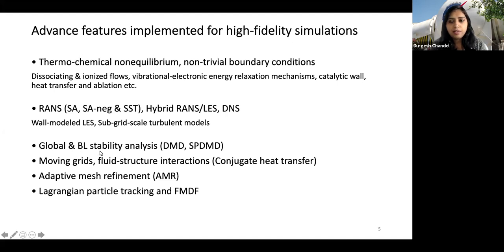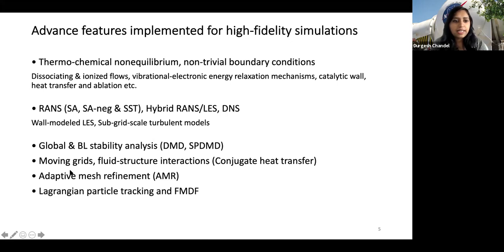People from my research group have also performed global and boundary layer stability analysis using DMD, dynamic mode decomposition, and SPDMD, the sparsity promoting dynamic mode decomposition. I was not able to include an example for these problems, but again, people who are interested can always go back and check the website or something.